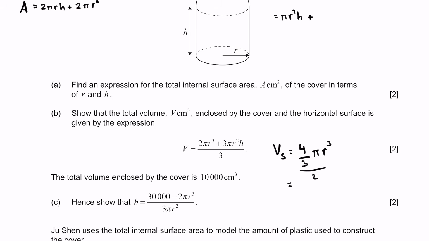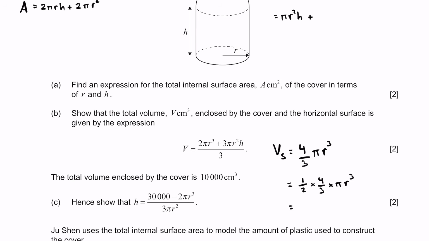That might look a little intimidating. The other way to divide by 2 is to multiply by a half. So you can divide things into 2 parts, or you can multiply by a half and essentially do the same thing. So if we take 4 over 3 and multiply this by a half, and then of course this is times pi r cubed, what is this going to be?